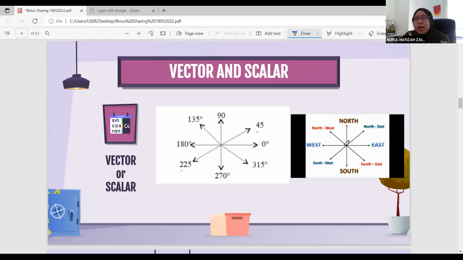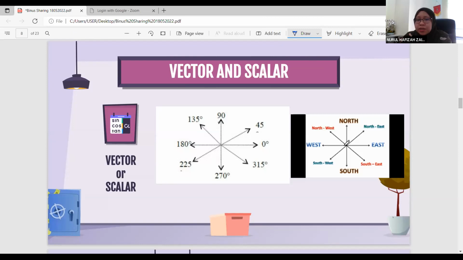For example, the speed of the car is 50 meters per second. So we know that 50 meters per second is a speed, a magnitude, but we don't see any direction, right? So we say that it's a scalar.